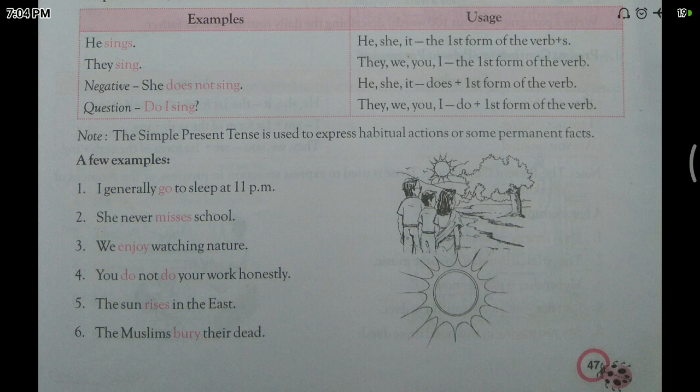And what are the singular subjects? I think you know it very well, but let me remind you once again. He, she, it, and singular nouns like boy, child, Mohan, Rohan, father, mother, etc. They take does not.